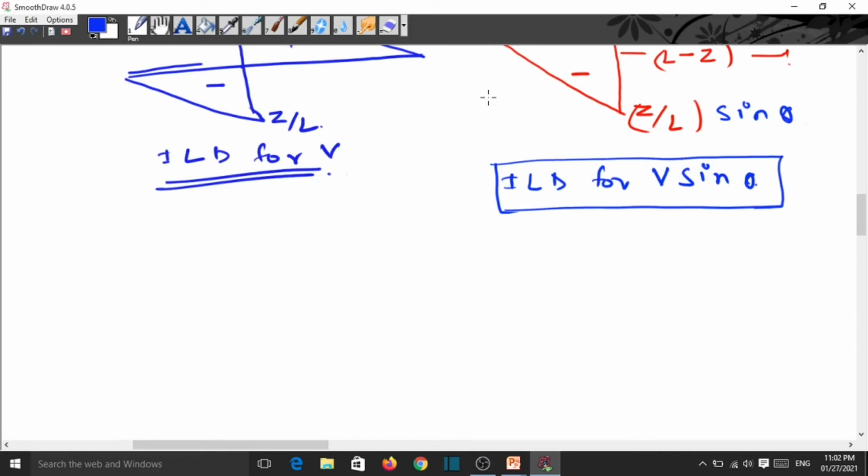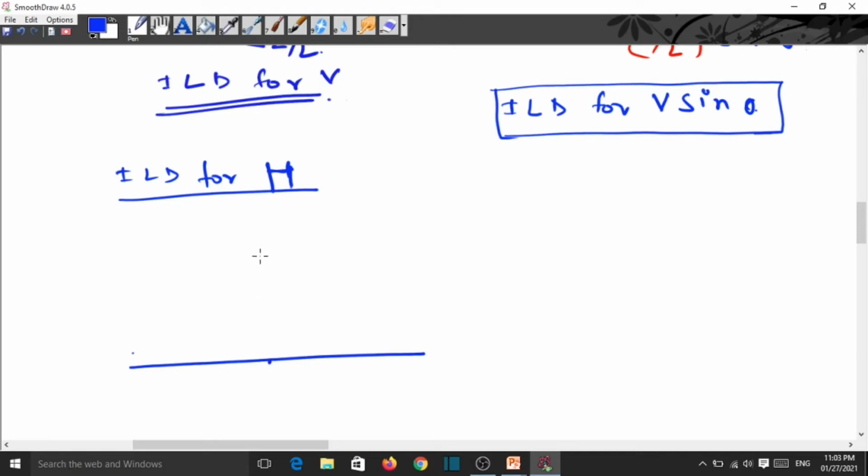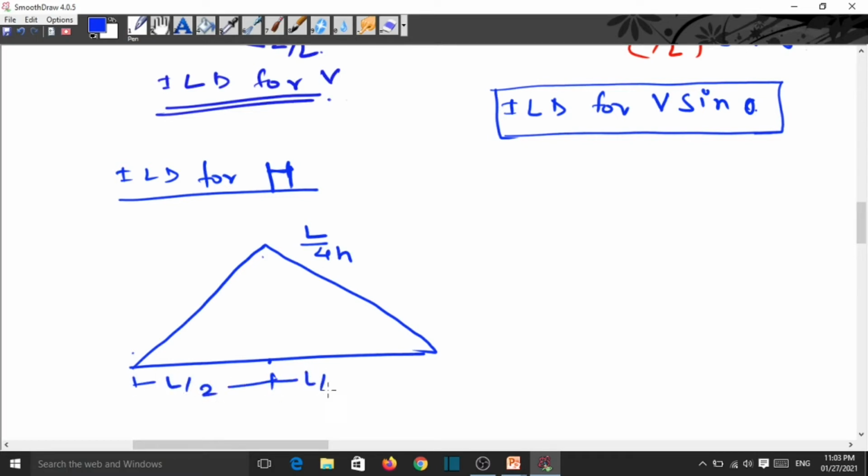In the previous lecture we have seen the ILD for the H. The ILD is like this, at the center, and this height is L by 4h. This is L by 2 and this is L by 2. Now this is the ILD for h.